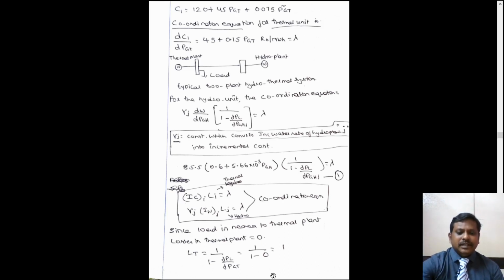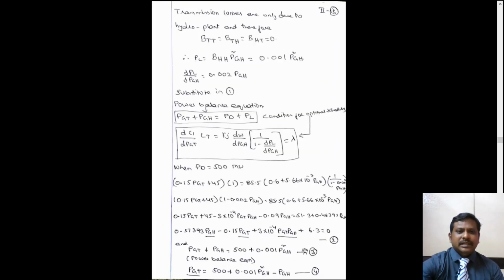So Lt is equal to 1 by 1 minus 0. The transmission losses are only due to the hydro plant, so this becomes 0. So Pgt plus Pgh is equal to Pd plus Pl. On substituting all these equations, you will get Pgt in terms of Pgh, where Pgt is equal to 500 plus 0.001 P square gh minus Pgh.